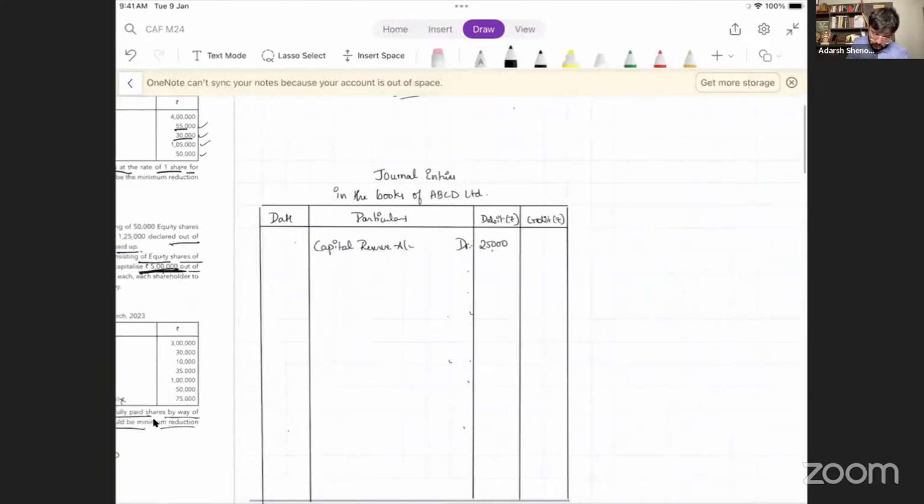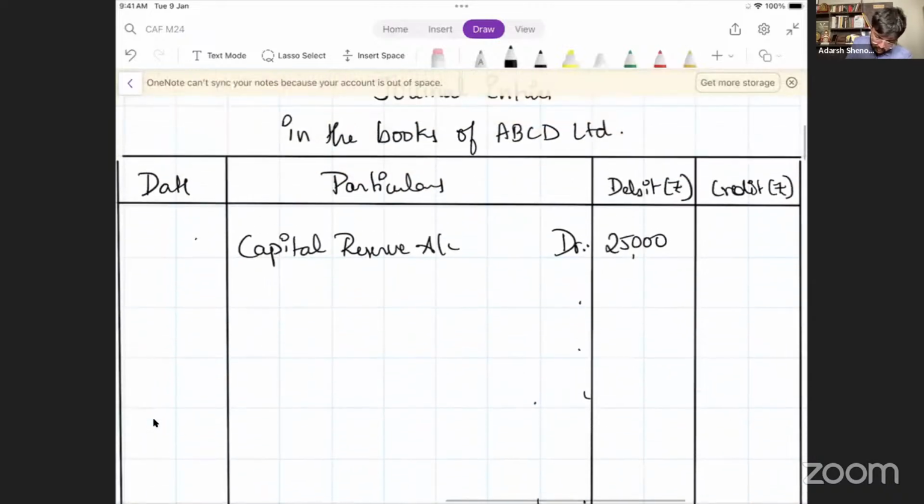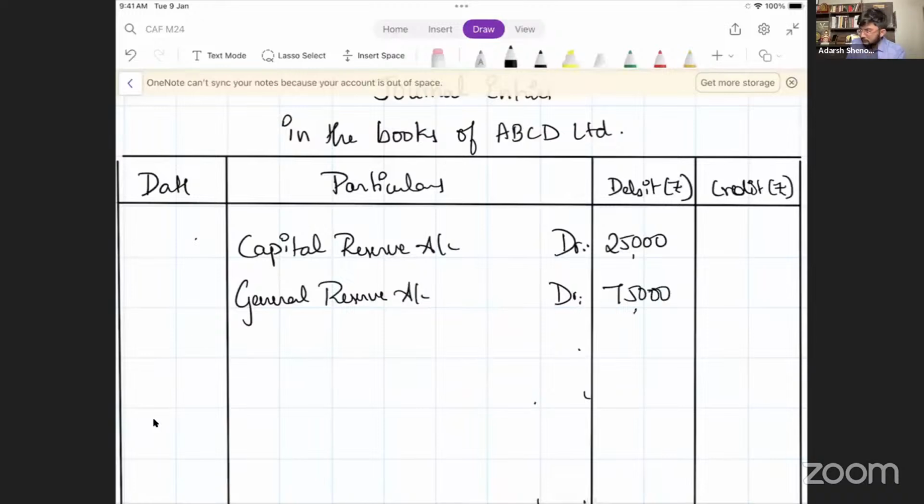Let's go to the general reserve account next. I'm going to utilize all of 75,000 from the general reserve itself. To bonus to shareholders.